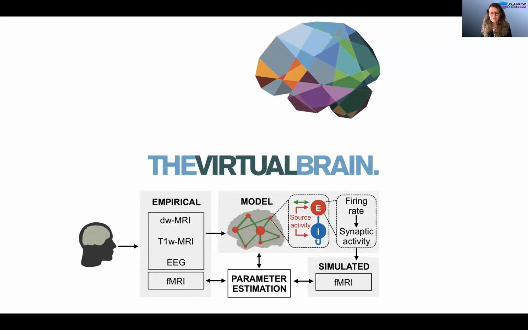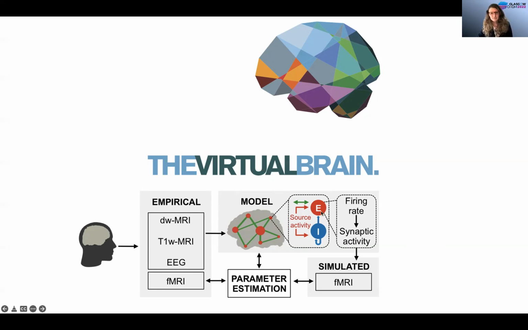So it's a neuroinformatics platform where you can simulate brain activity. You can simulate brain activity on different scales. You can simulate neurons. You can simulate also whole brain dynamics. And mostly it's focusing on regional activity.